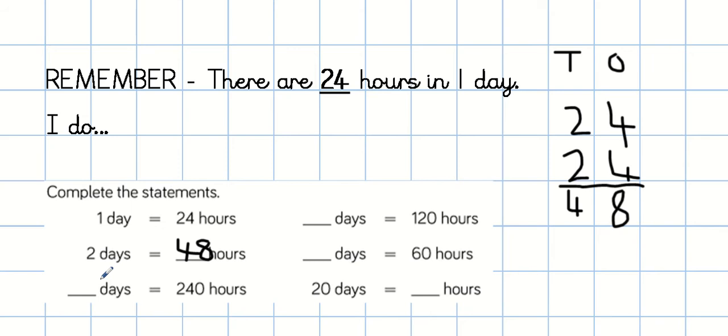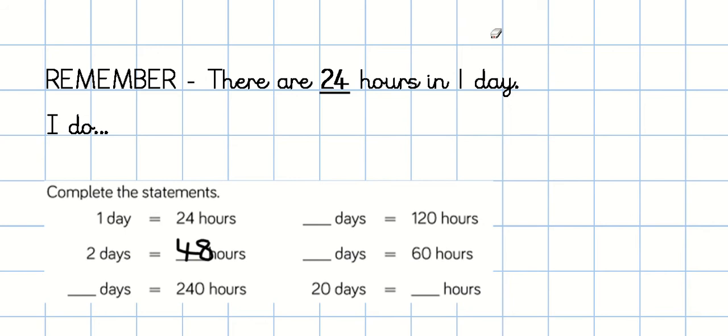Now let's move on to the next one. If we're looking at this next one, how many days are going to equal 240 hours? Well, 1 day equals 24. So how many days are going to equal 240?